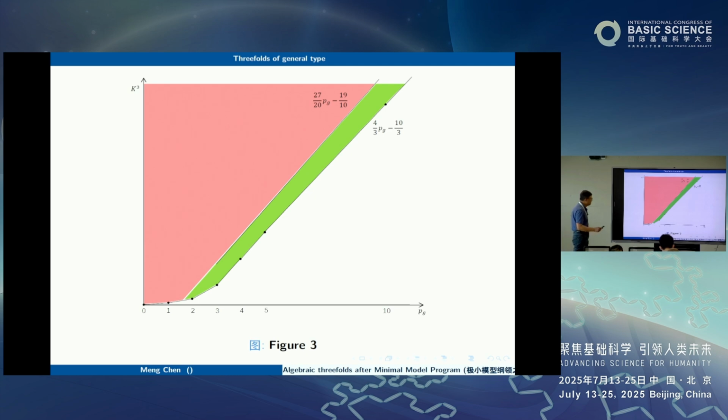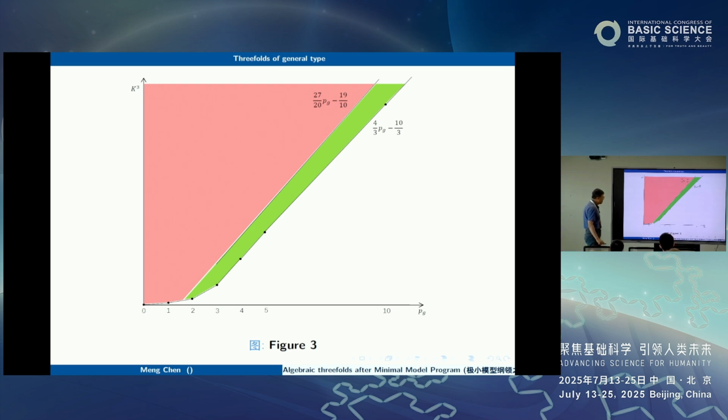This makes it possible to work out a moduli. This is a three-dimensional analog of the result of Horikawa for surfaces. Horikawa studied surfaces on the nodal line.